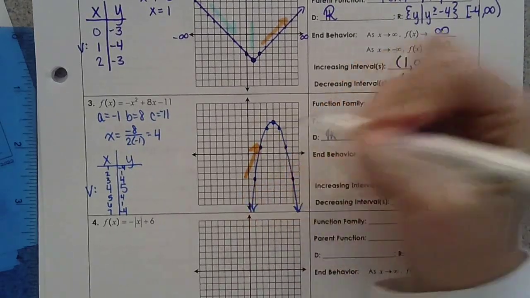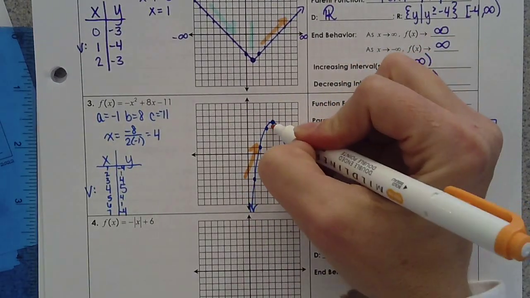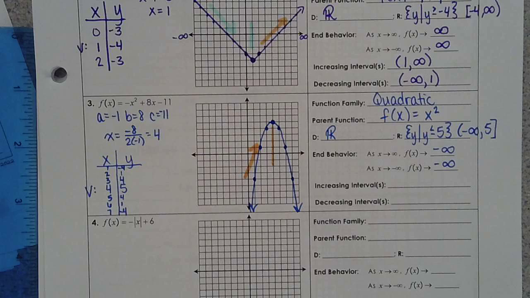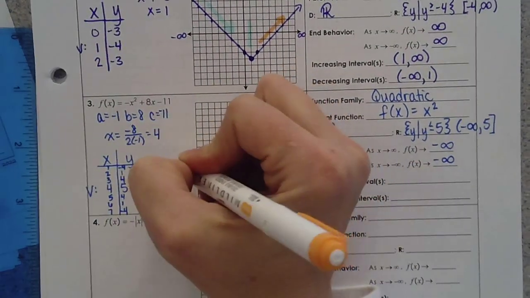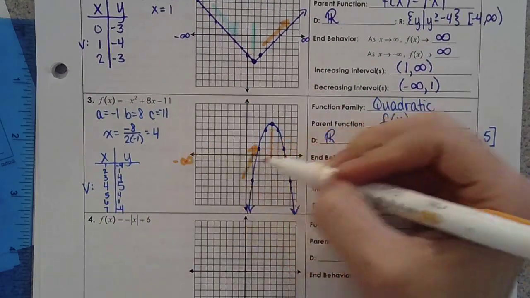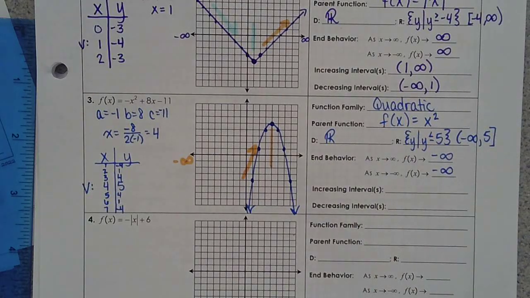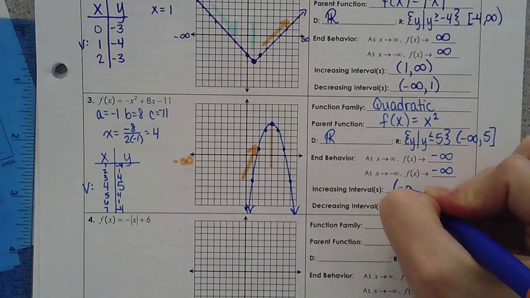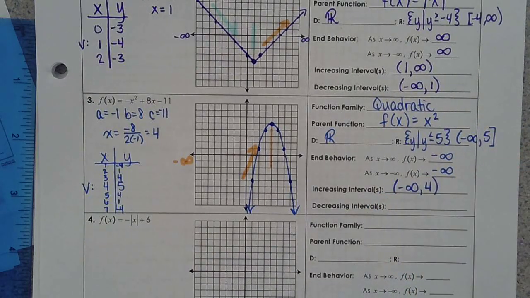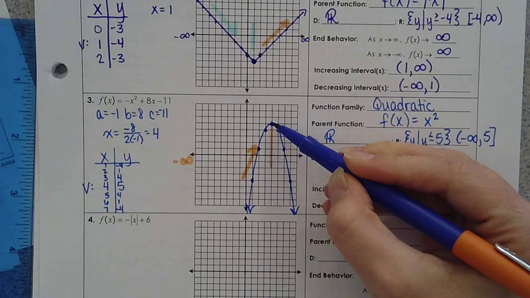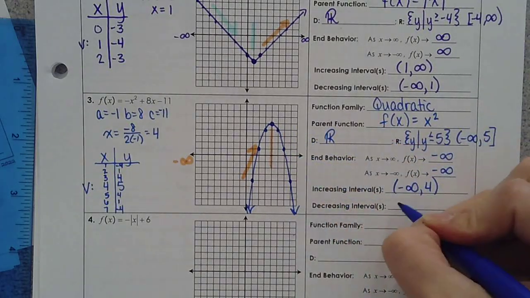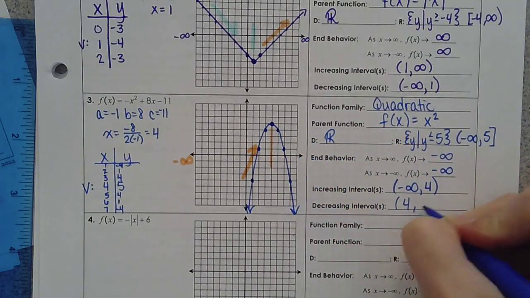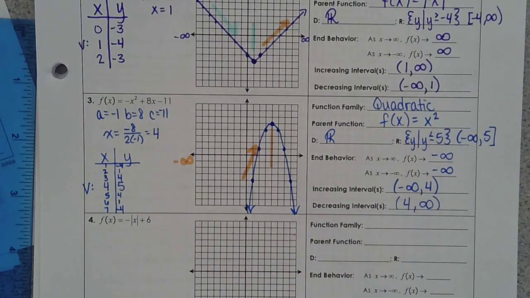This is a section of increase, and it's going to increase all the way to the vertex. So from -infinity to +4, I have a domain where my graph is increasing. So from -infinity to 4 is increasing, and then it turns direction and it starts going downhill. So from 4 out to the end, it's decreasing.